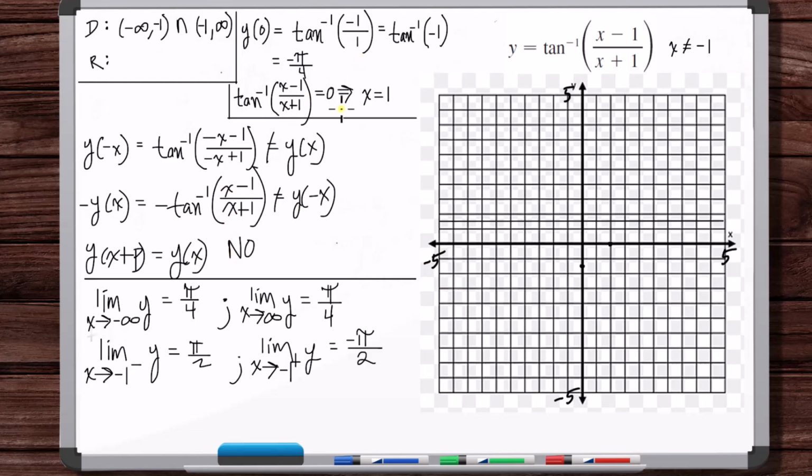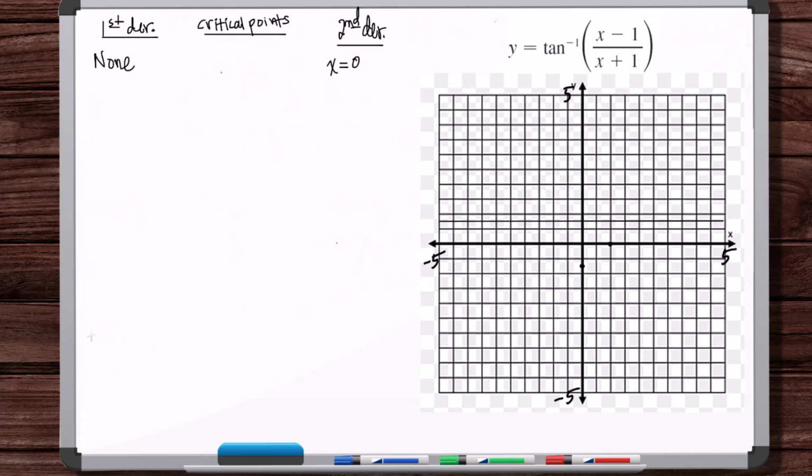When x is equal to 0, the function is 0 minus pi over 4. So here the second derivative is going to be equal to 0.